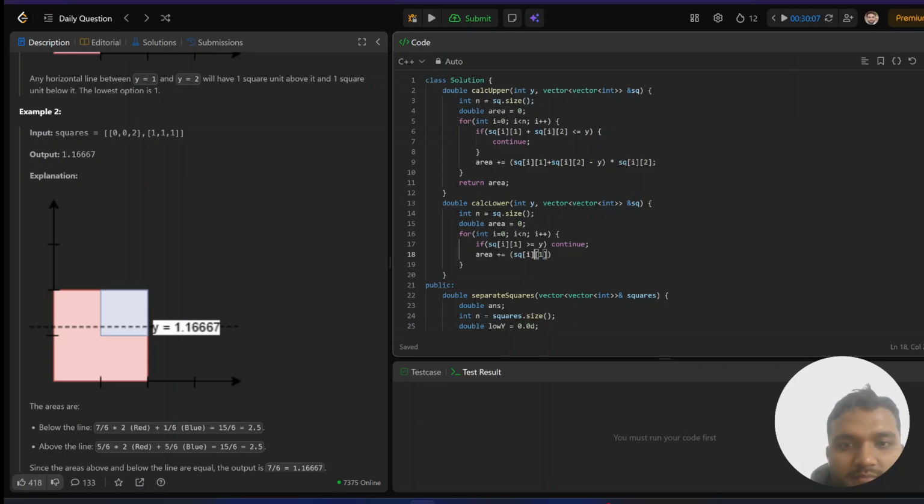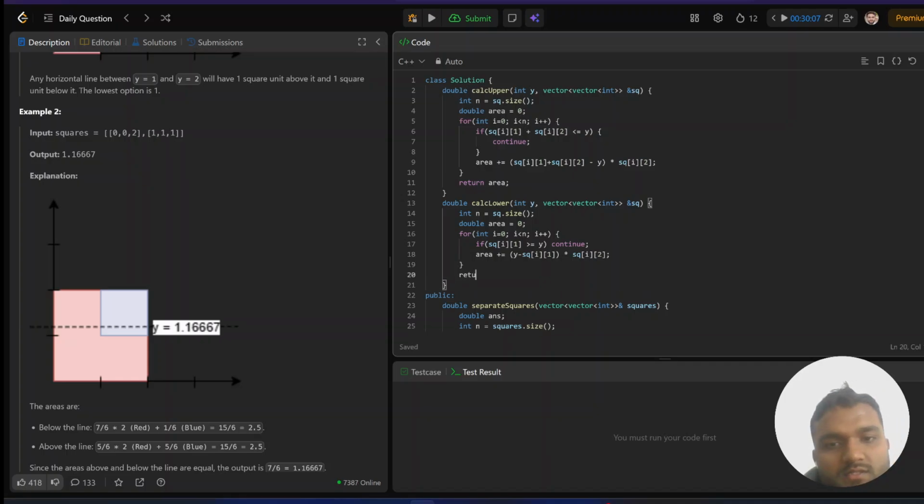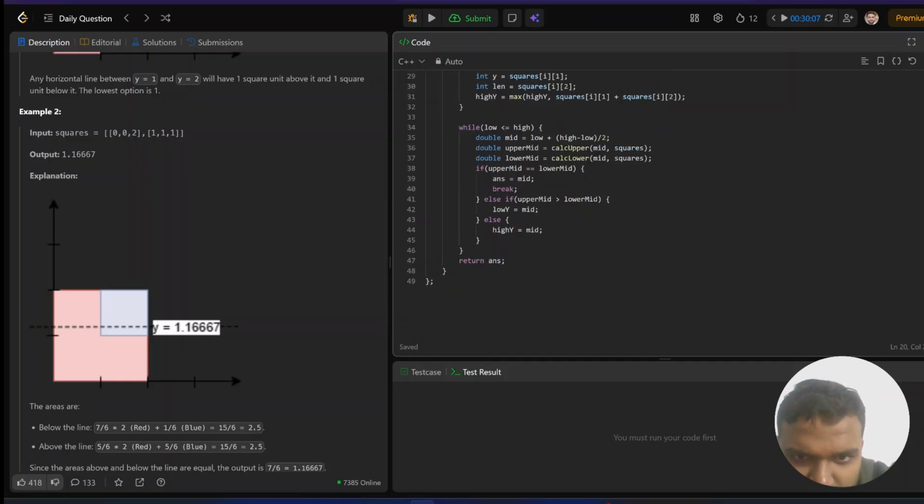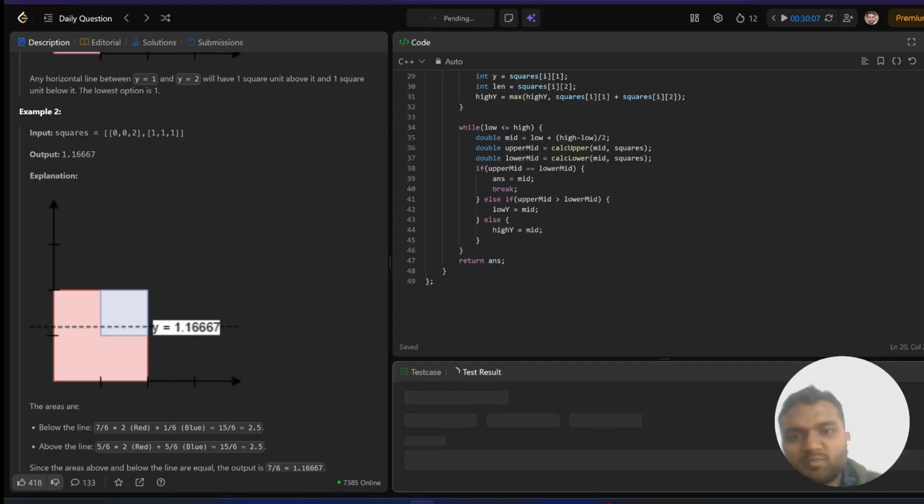This time we get the length for breadth. Now we have the area. We can just simply return the area. I also have my test cases, so let me test it out first. Let's check.